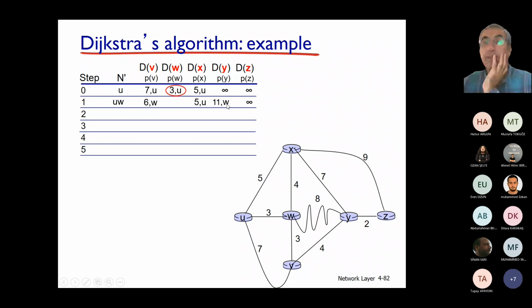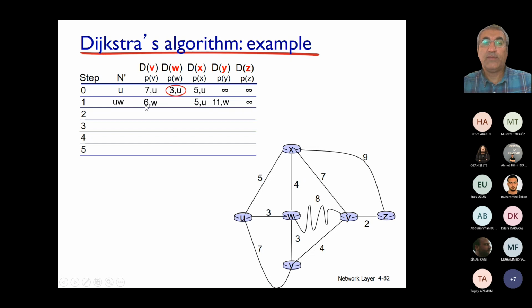That's why the predecessor node is w. Now we update this infinity to 11 comma w, and still we are not adjacent to the z. There's no node that is adjacent to the z. So we are done in the second iteration.